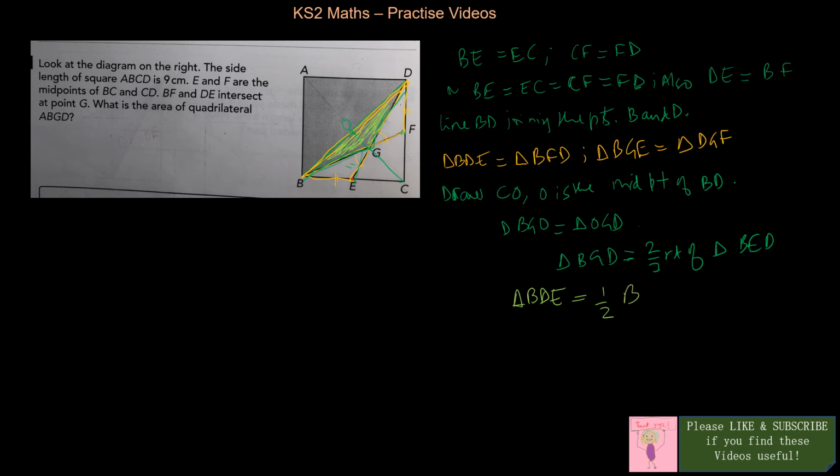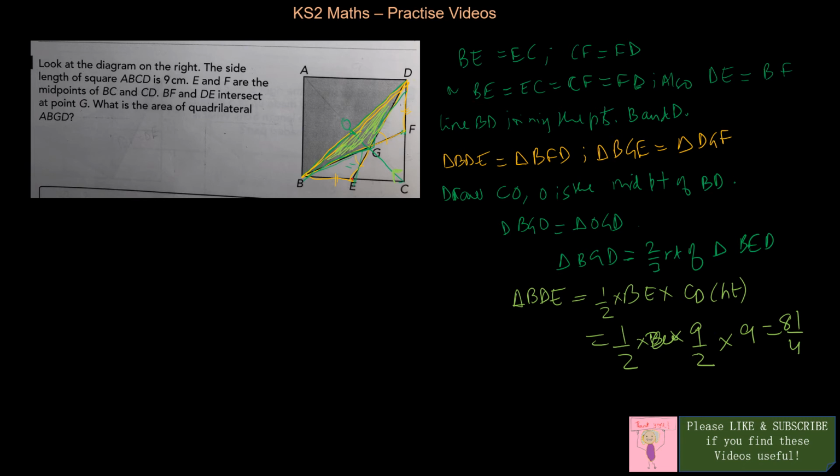So half times BE times the height, which is CD. CD is the height, because this is 90 degrees. Half BE is 9 by 2, because E is the midpoint and the side of the square is 9, and times height 9, so that is 81 by 4 centimeter squared.